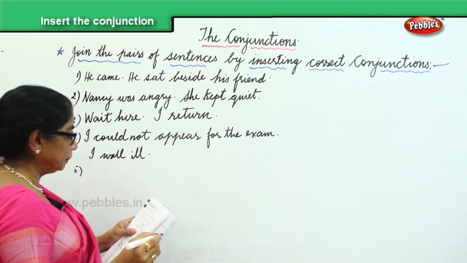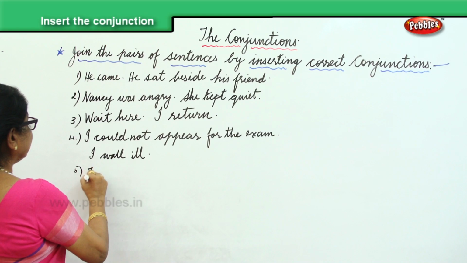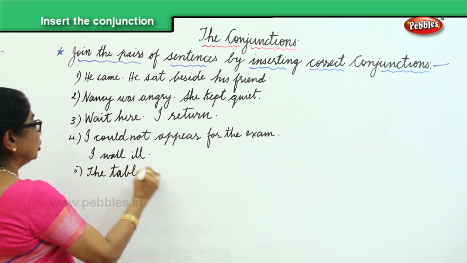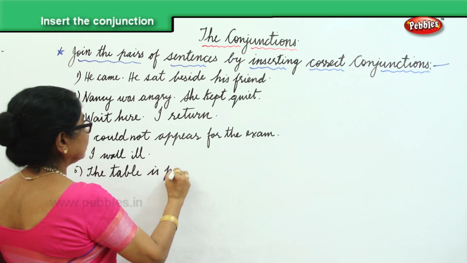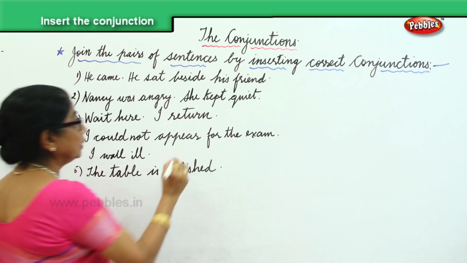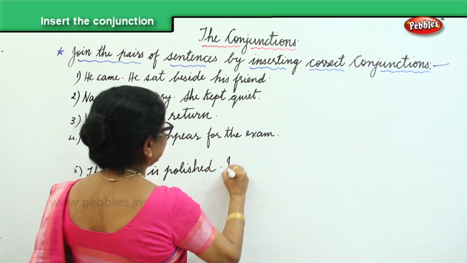Next we have, the table is polished. We have here, the table is polished. It looks beautiful.